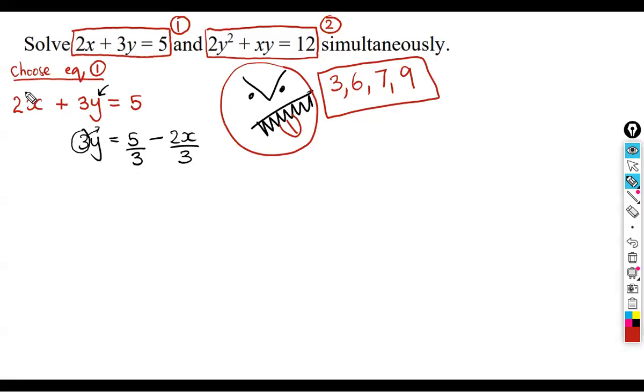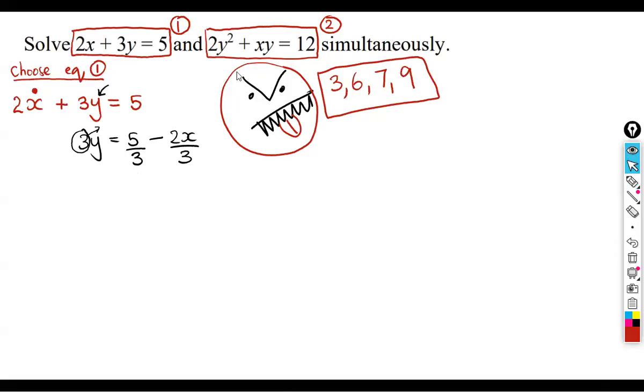So it would make more sense to make who the subject? X. Because if you decide to make X the subject, you will end up dividing by 2. When you divide by 2, even if you get a decimal, it's a nice decimal, like 0.5 or 3.5. You can deal with that. You don't want no reoccurring crazy decimal to deal with, right?